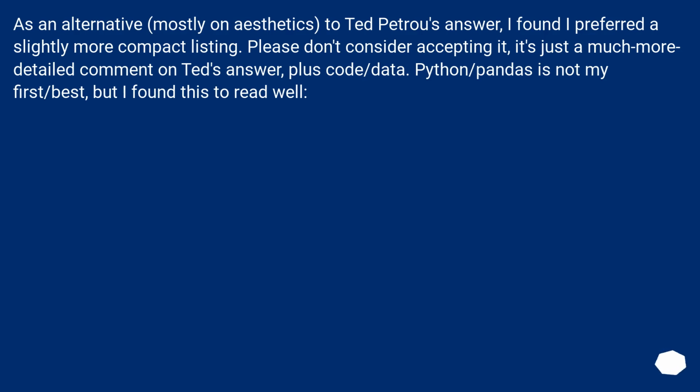As an alternative, mostly on aesthetics, to Ted Petrou's answer, I found I preferred a slightly more compact listing. Please don't consider accepting it. It's just a much more detailed comment on Ted's answer, plus code/data. Python/pandas is not my first/best, but I found this to read well.